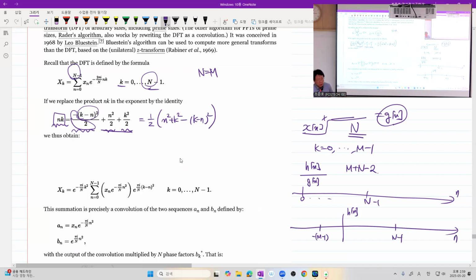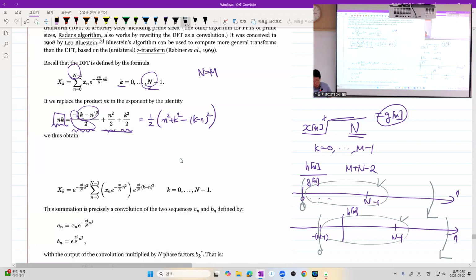So you need to cut this signal G from 0 to L. And you need to cut this H again from 0 to L, right? And you know that the convolution of this signal with that signal may have length this plus that minus 1.